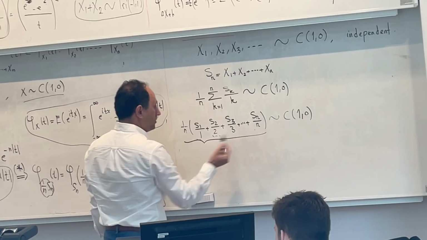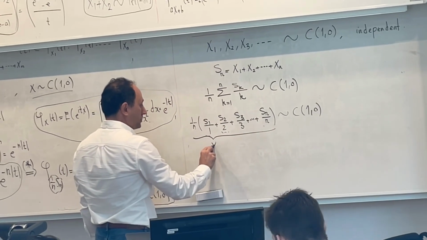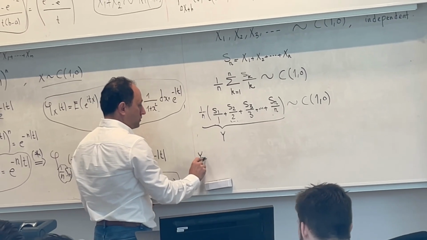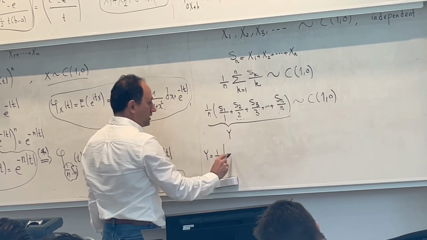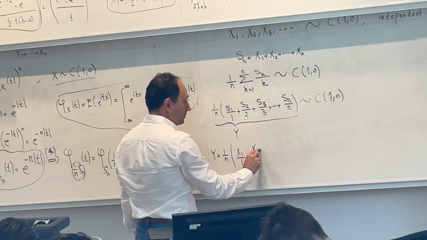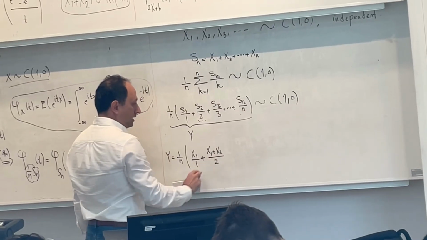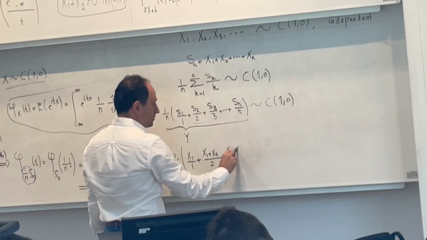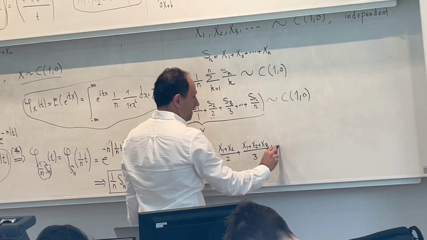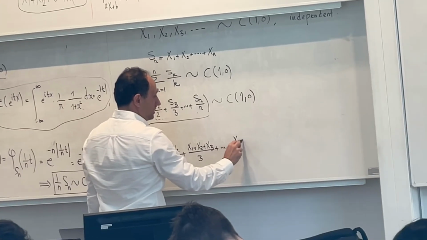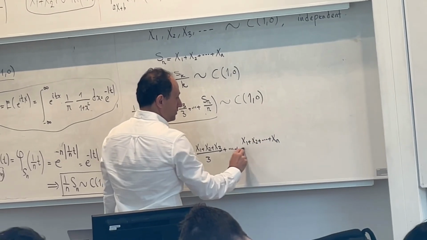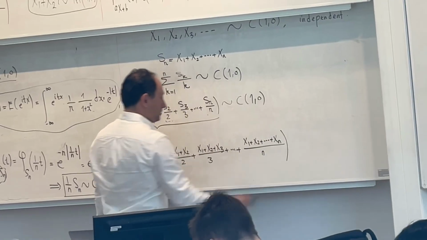Let me call this one a new variable y, equal to 1 over n times S1, which is just x1 over 1, what is S2? x1 plus x2 over 2, and then x1 plus x2 plus x3 divided by 3, and at the end, x1 plus x2 up to xn over n. Of course, you can use double sigmas.